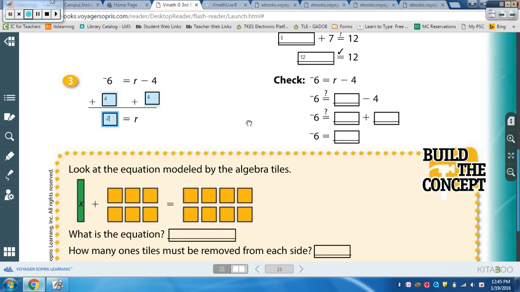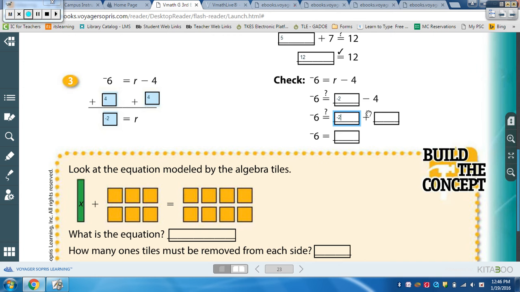We can check this solution of the equation in problem 3. To evaluate, we plug in negative 2 everywhere we see an r. So in this case, it's negative 6 equals negative 2 minus 4. What do we know about subtraction? We change subtraction to addition of the opposite. We haven't changed the negative 2, it stays the same.